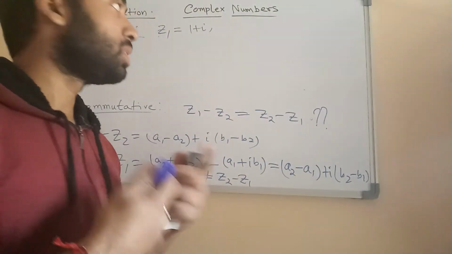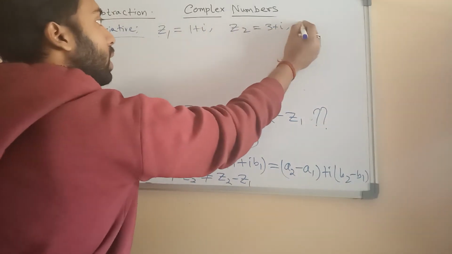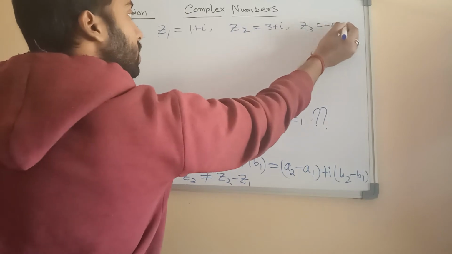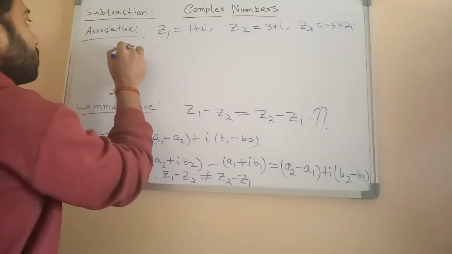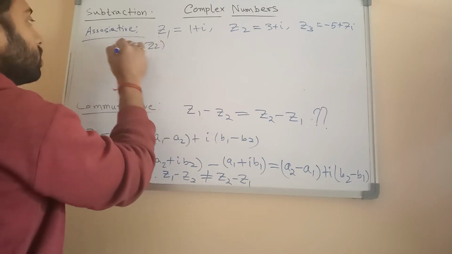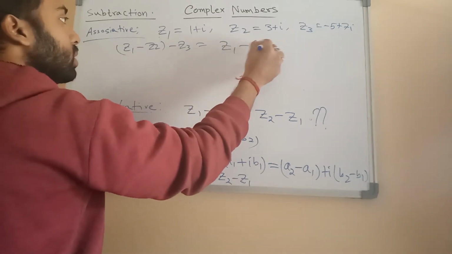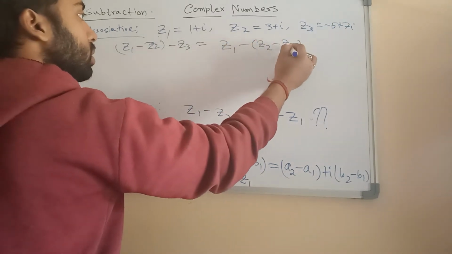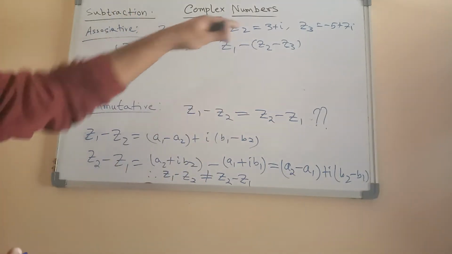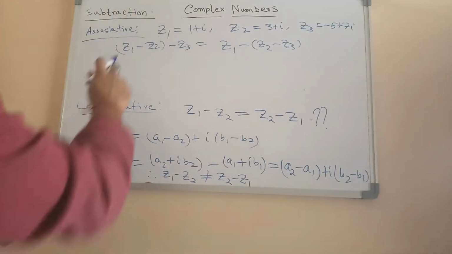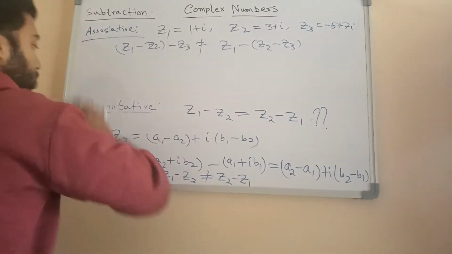If I choose z1 equals 1 plus i, z2 equals 3 plus i, and z3 equals minus 5 plus 7i, and if the associative property holds, then (z1 minus z2) minus z3 will equal z1 minus (z2 minus z3). So this will hold for any complex numbers, but we will show that this doesn't hold in the case of subtraction. That means this is not equal to this. So let's do it.